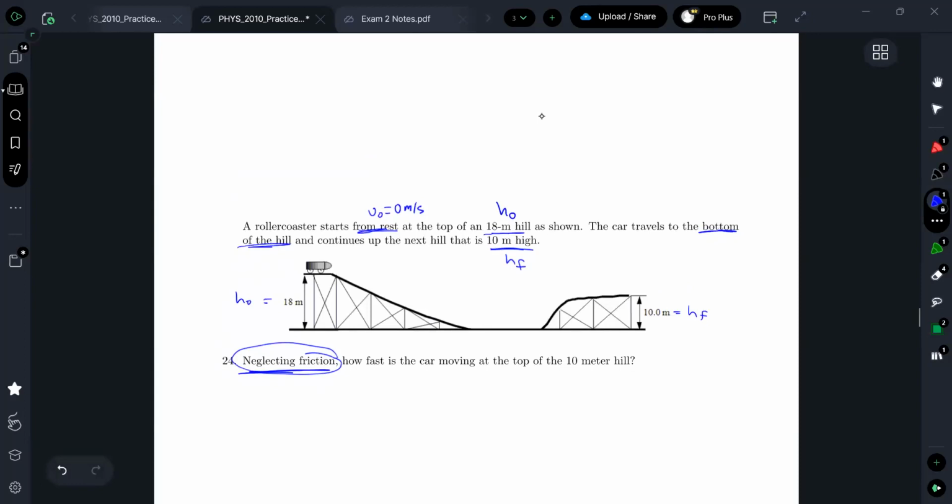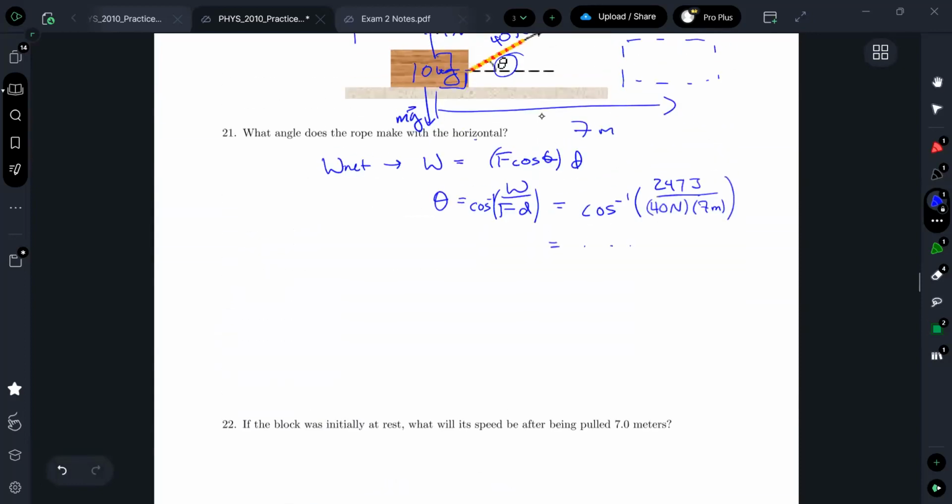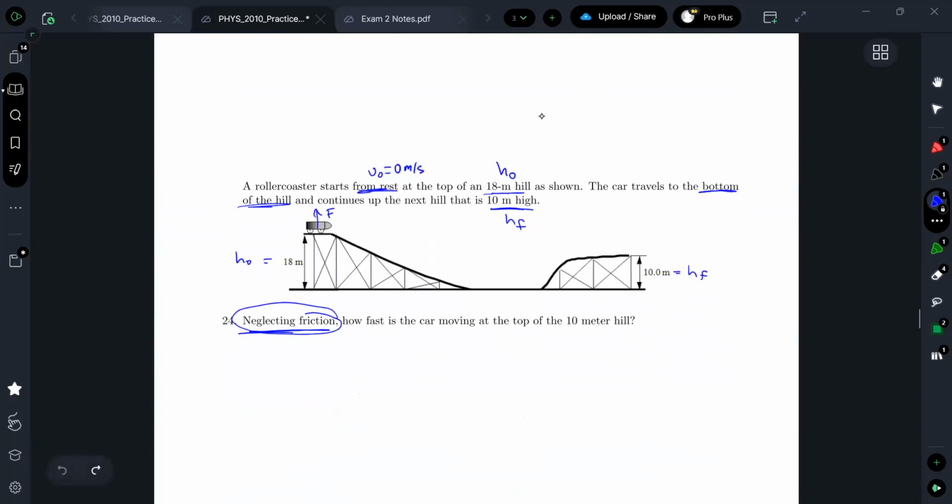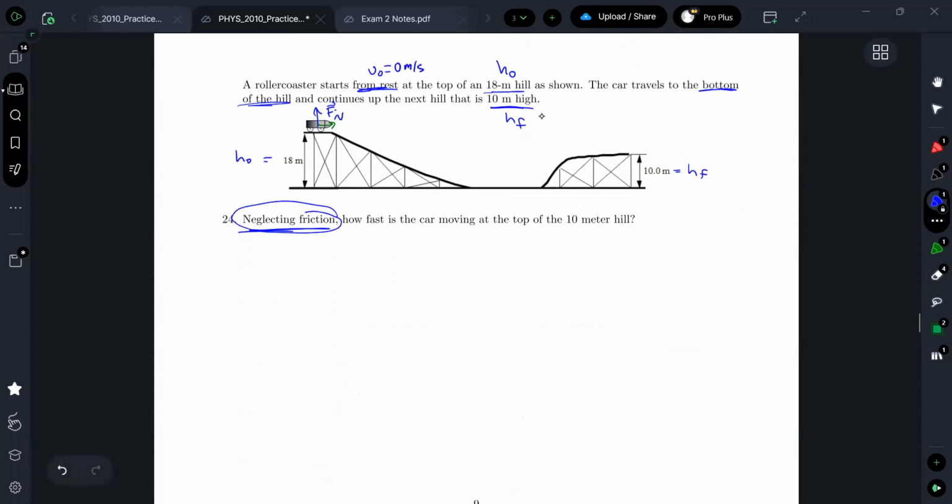There is that more subtle one, the normal force, but it is always going to be perpendicular to the direction this thing moves, because it's always moving along the surface, whereas normal force is always perpendicular. So there are no non-conservative forces doing work on the whole car, so energy is conserved.